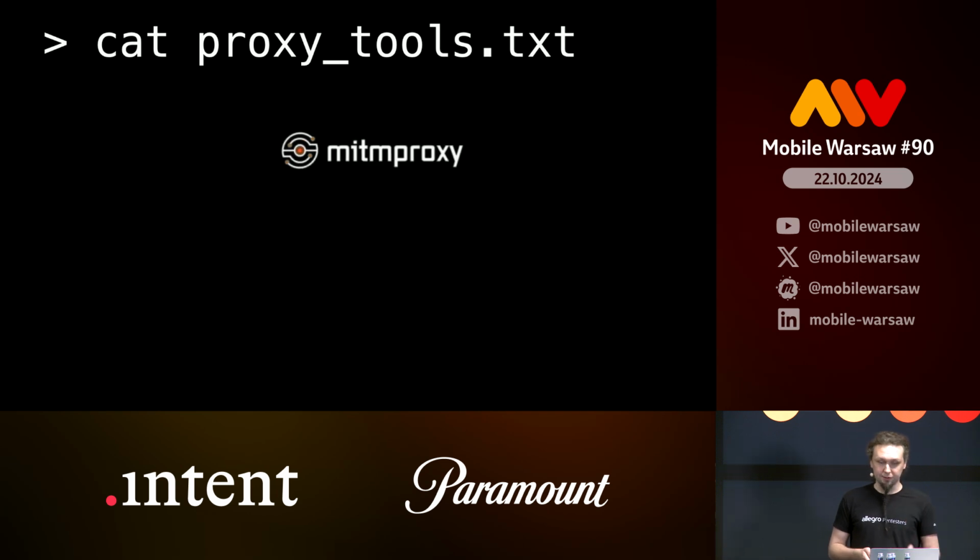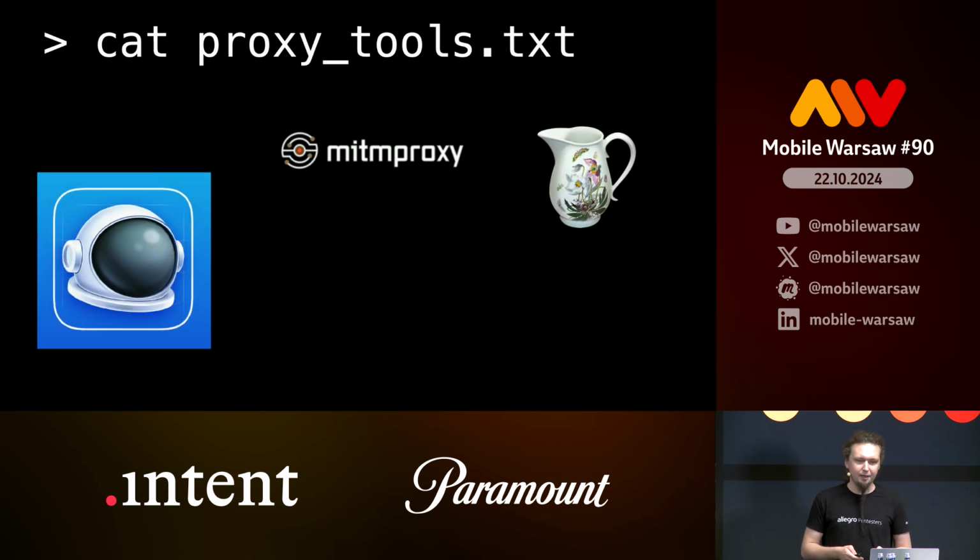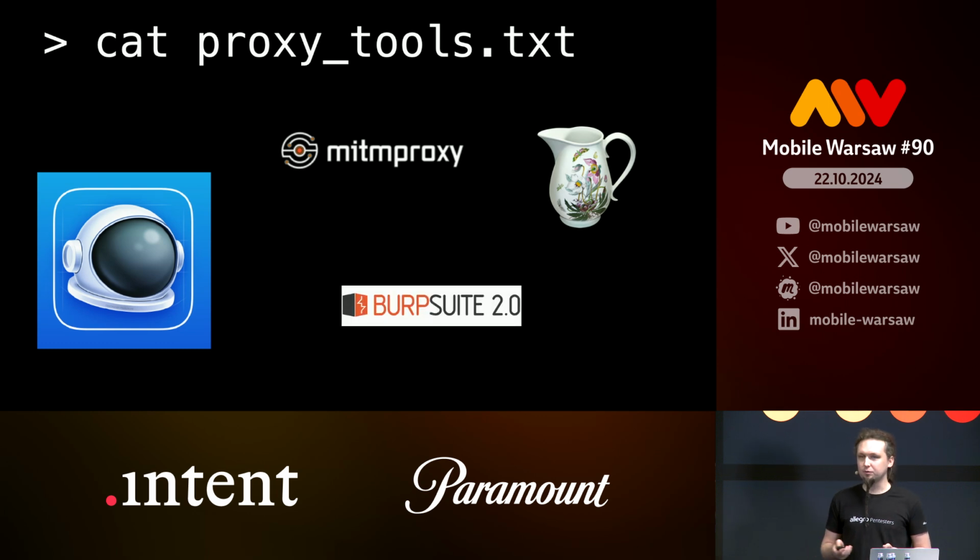There are many tools available for this job. I'm sure each of you has your own favorite tool for doing the job. I will use my favorite tool, which is mitmproxy, for this presentation for all the demo sessions, but it doesn't matter which tool we are actually using.